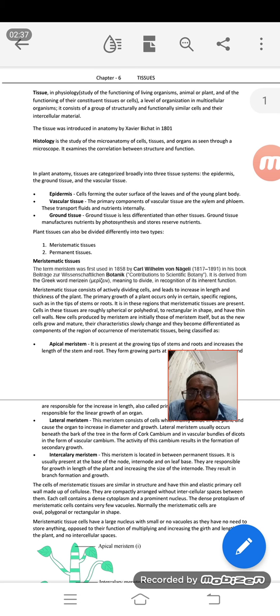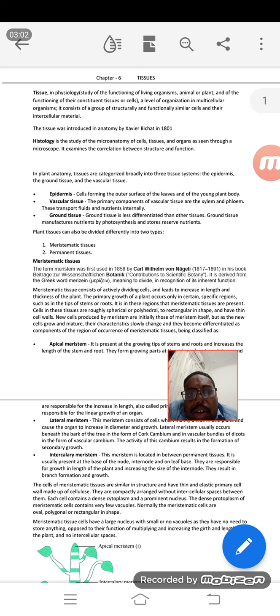Remember, it can be for a function or functions. Any one of that can be called a tissue. The first person who introduced this term tissue was Xavier Bichat in 1801, and the study of tissues is known as histology.